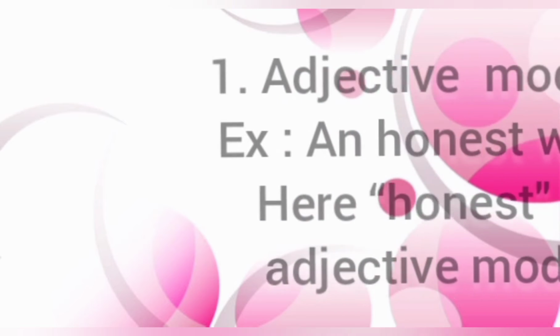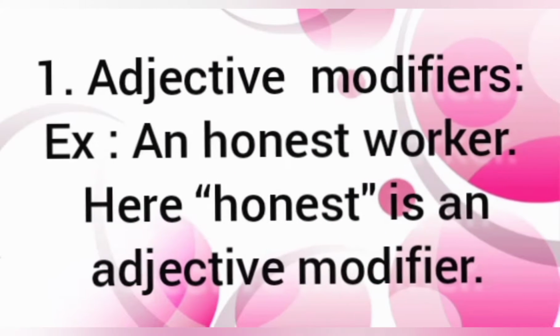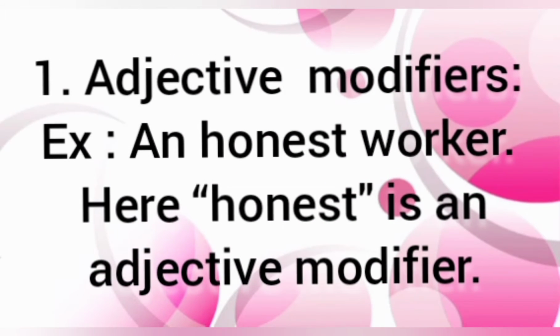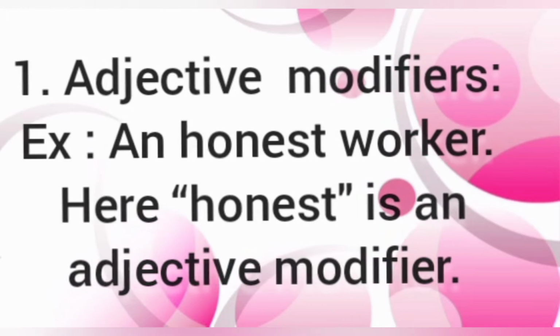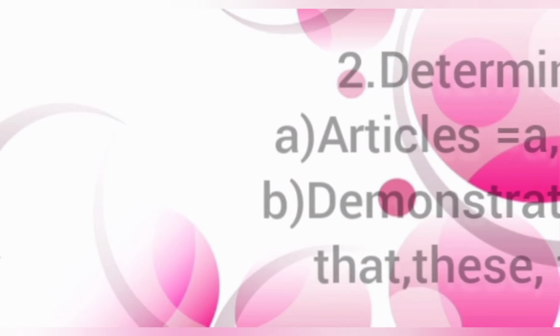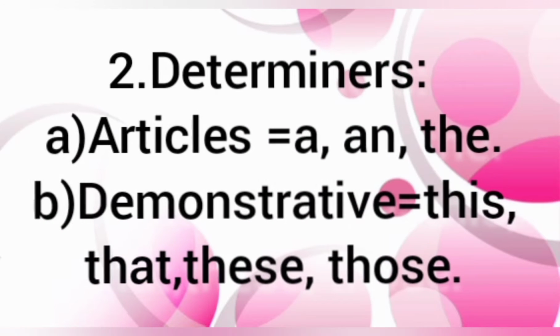Number 1, adjective modifier. It takes place before a noun and gives extra information about that word. Here, honest takes place before the noun worker and gives extra information about the worker. So here, honest is an adjective modifier. Number 2, determiners.